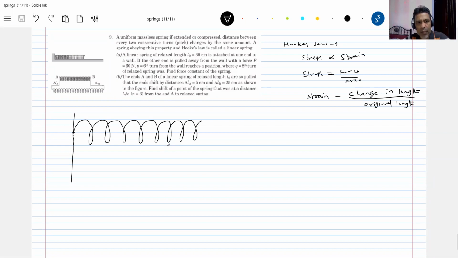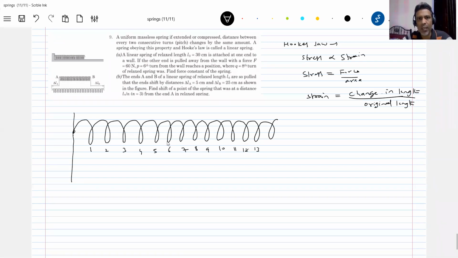You read the question; meanwhile I'll finish the diagram. What is a turn? This is the first turn, second, third, fourth, fifth, sixth, 7, 8, 9, 10, 11, 12, 13, 14.